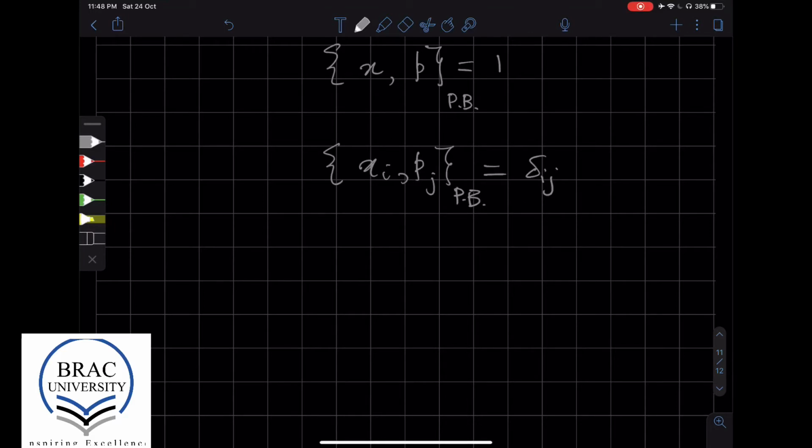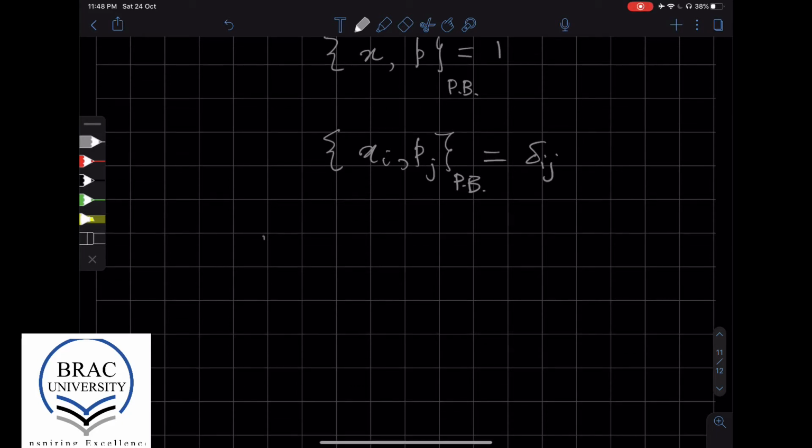Now, the quantization of a classical mechanical system involves replacing this Poisson bracket by 1 over i h bar times the commutator, as well as replacing the fundamental variable by their operator counterparts.